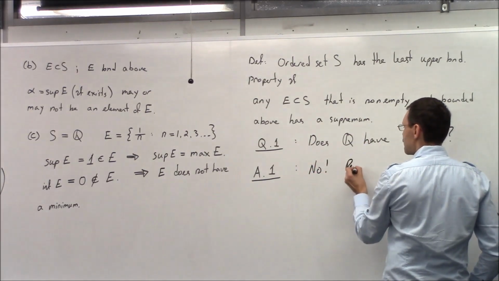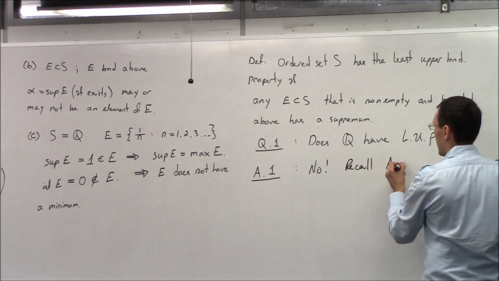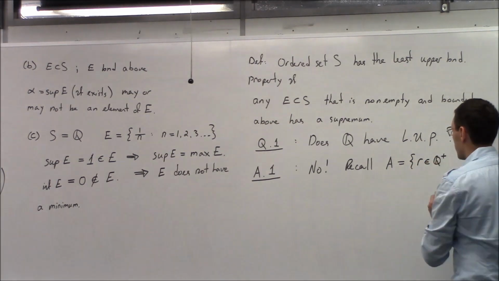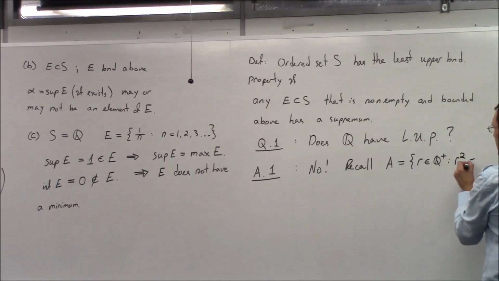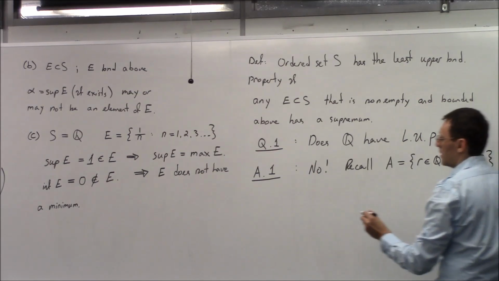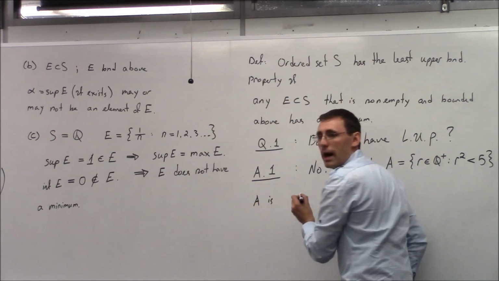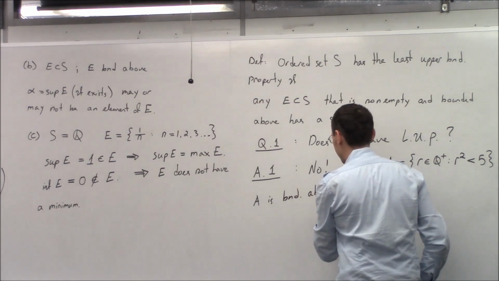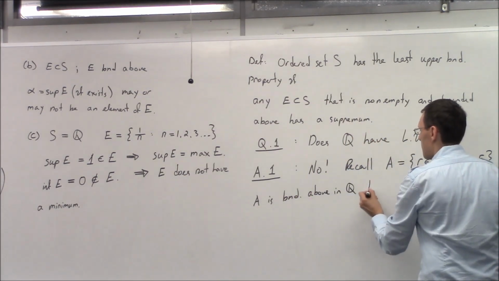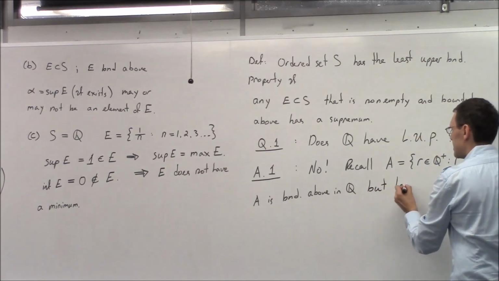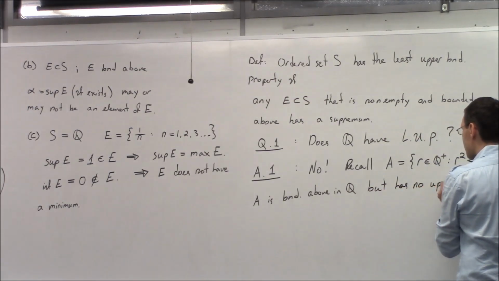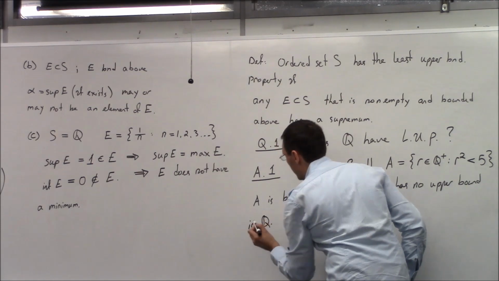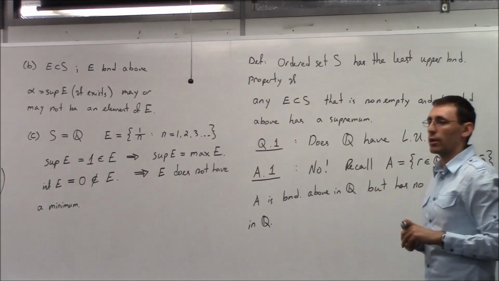Again, recall the set A of all positive rational numbers whose square is less than 5. So A is bounded above in Q, but has no least upper bound in Q. Okay, so when I mention no least upper bound, you always have to reference your universe.